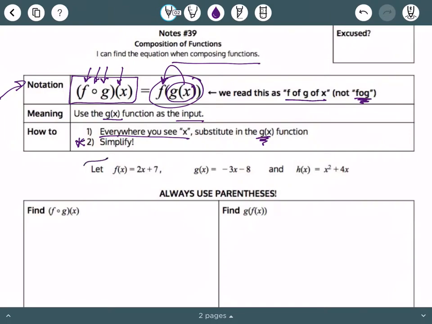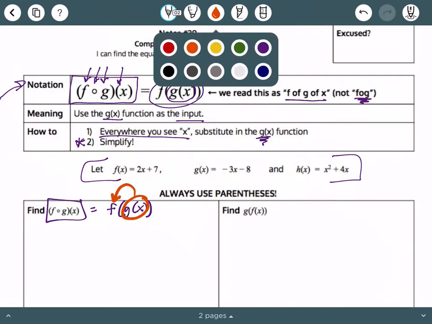So they tell us our three equations here, f, g, and h. And they want us to find f of g of x. So what that means is I'm going to take the g of x equation and I'm going to plug it into the f of x function. So if I'm thinking about this with colors, I'm going to take this orange and put it inside the purple.